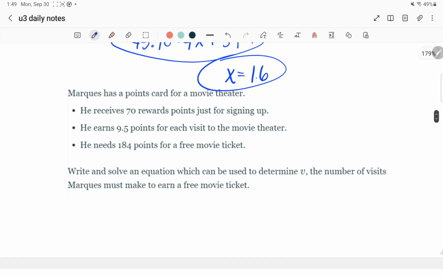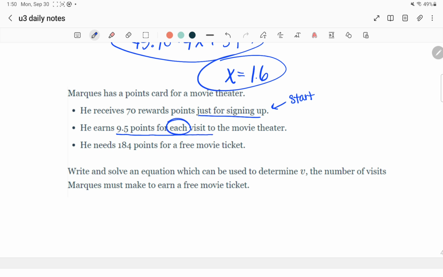Last one. Marquez has a points card for the movie theater. He received 70 rewards just for signing up. So just for signing up, 70 reward points. That, to me, feels like the start, because that is just for signing up. We haven't done anything yet. After that, it's 9.5 points for each visit.